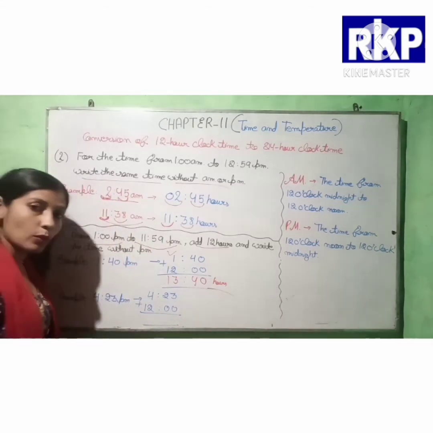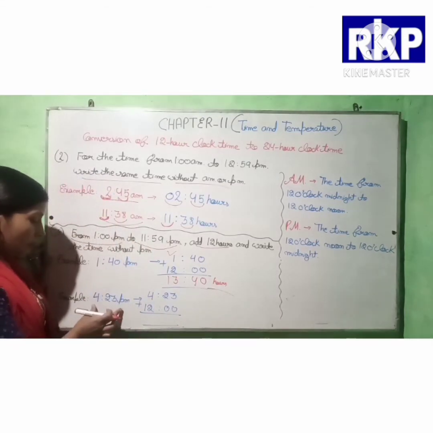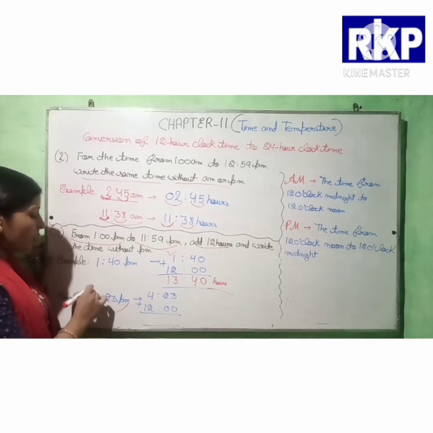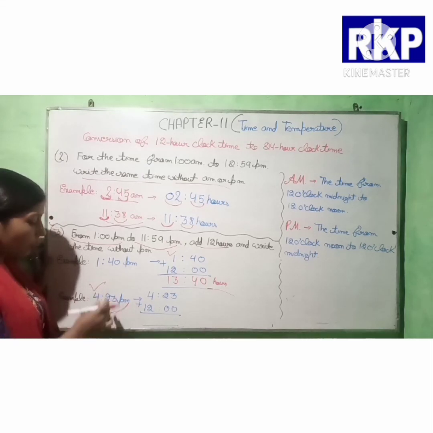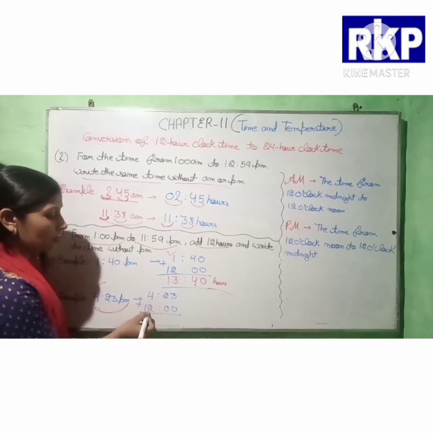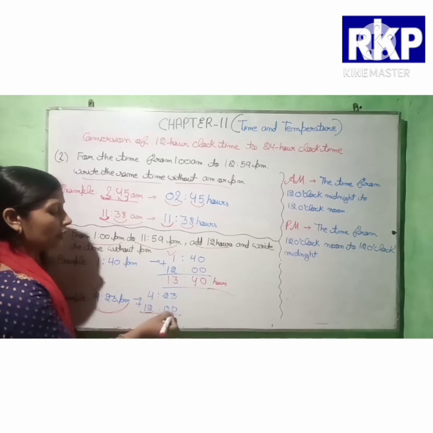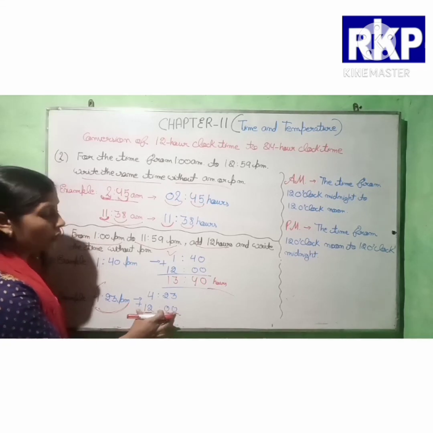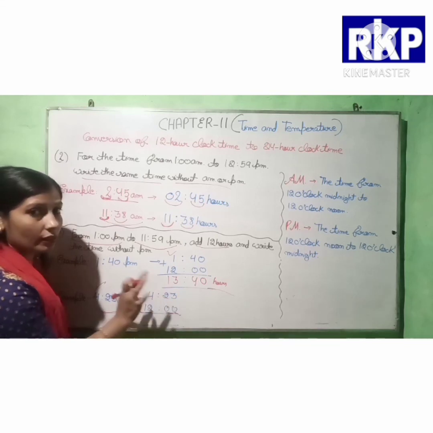Now let us take one more example. Here we have 4:23 p.m. Here also we have to add 12 to 4, in the hours part. Now we have to add 12 hours to 4:23.